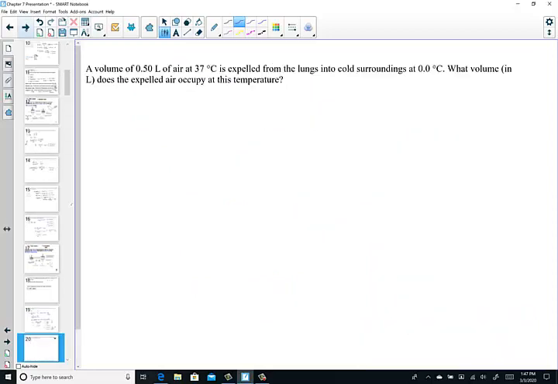Let's try another. Here we have a volume of 0.5 liters and the temperature as 37 degrees Celsius. It's being expelled from the lungs into cold surroundings at 0 degrees Celsius. What is the new volume of the expelled air?